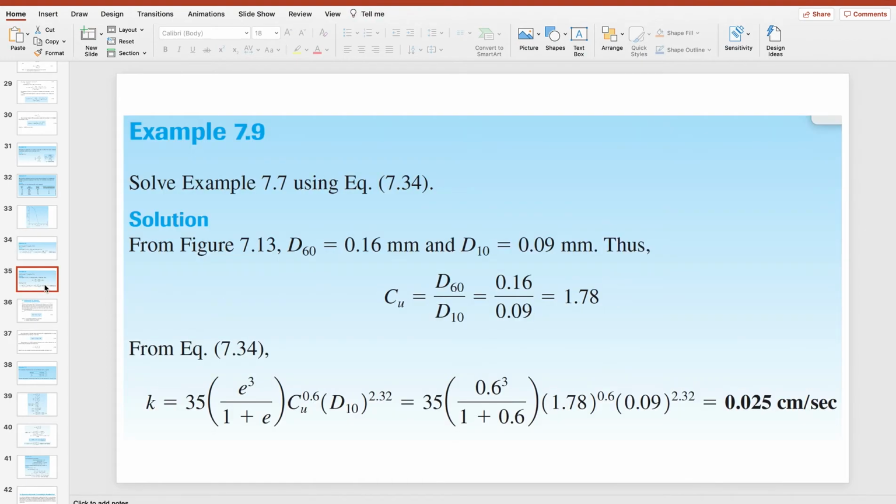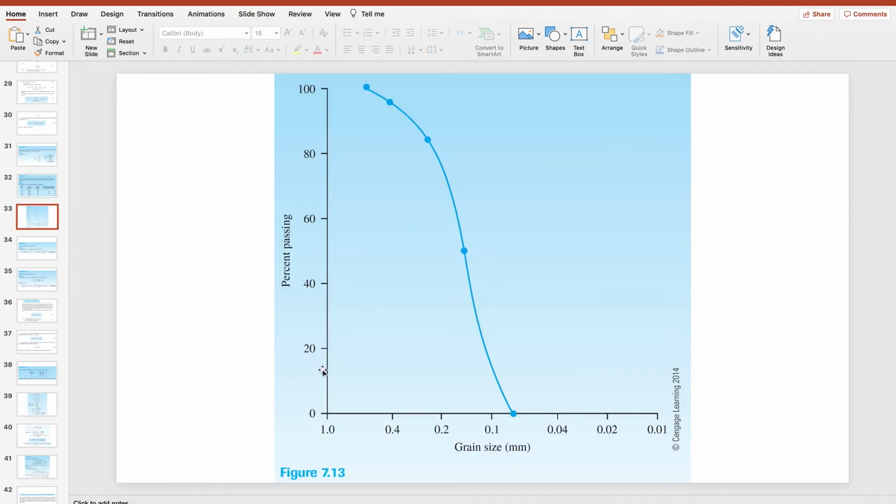Next. Example 7.9 using 7.34. So from the graph, we were able to determine D60 and D10. Okay? So, this is our equation 7.34. So, we need to determine the coefficient of uniformity. The coefficient of uniformity is D60 over D10. So, from the graph, you can get our D60 and our D10. Okay?